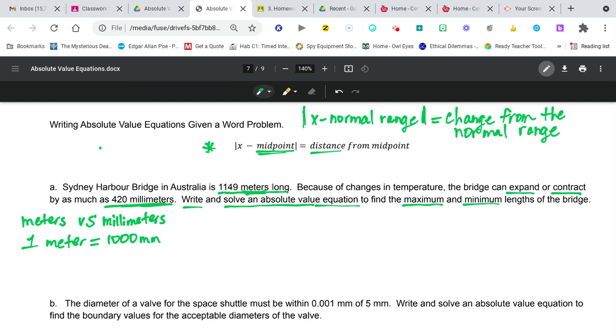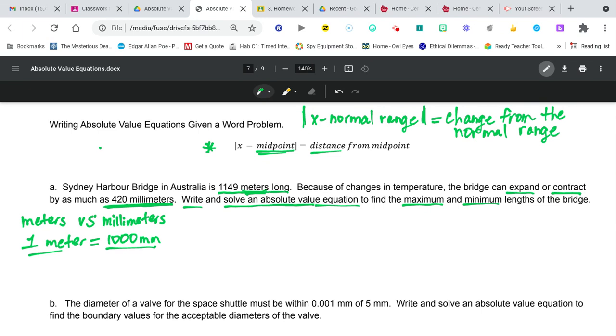Or if we didn't want to use the unit meter, we could say it's about 1,000 millimeters from my floor to my doorknob, okay? So let's figure out how many millimeters are in a meter.